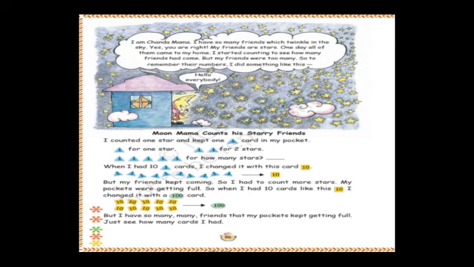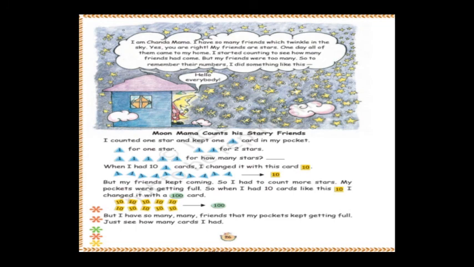Hello, everybody. See, this Chanda Mama has so many friends, that is stars. See, in the sky, so many stars are there. We cannot count the stars. Like that only, he also cannot count easily. So he did one activity to count the stars.